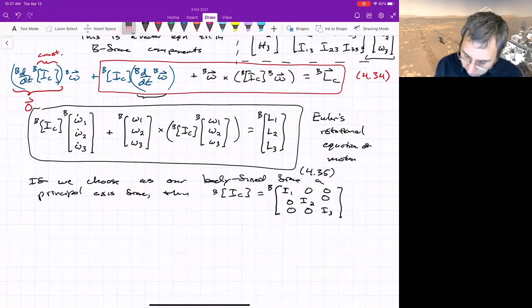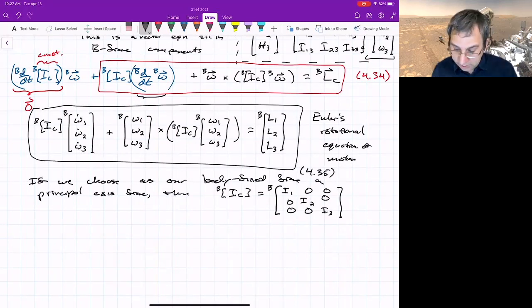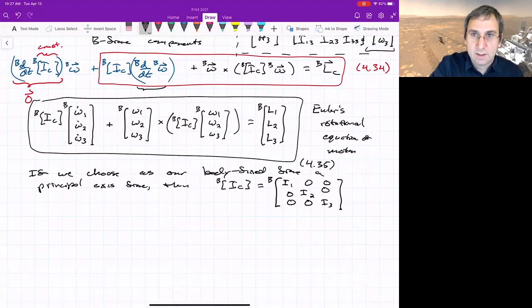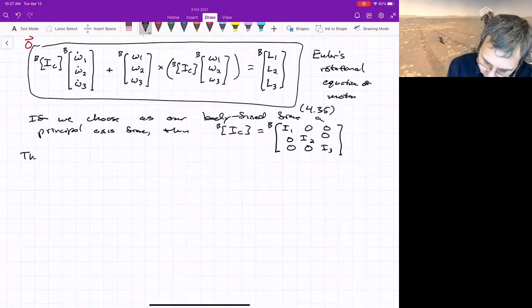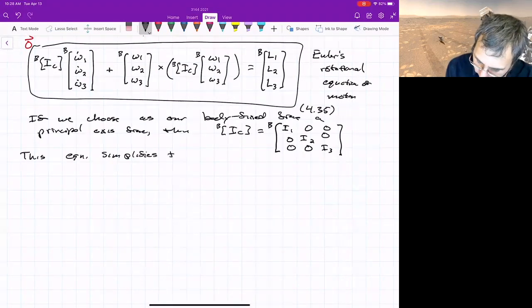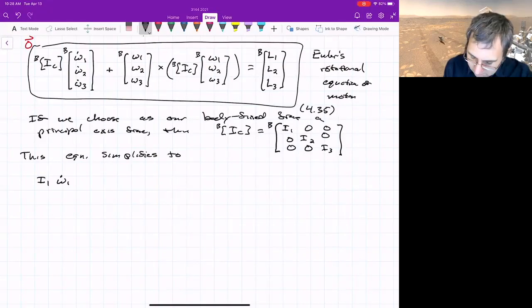So that's it. When we've chosen a principal axis frame, Euler's rotational equation of motion simplifies to a point where it's kind of easy to work with. It becomes I1 omega 1 dot minus (I2 minus I3) omega 2 omega 3 equals L1.